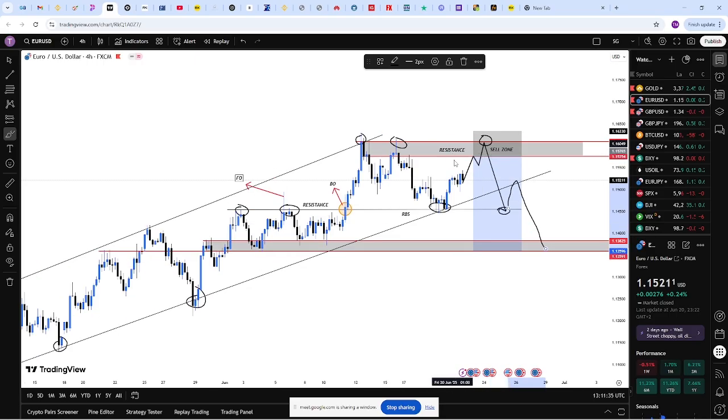Now on the resistance, the confirmation for selling at the resistance area is three things. You use the M pattern, double top. You use Quasimodo, known as head and shoulder, QM, or you use something that looks wavy.